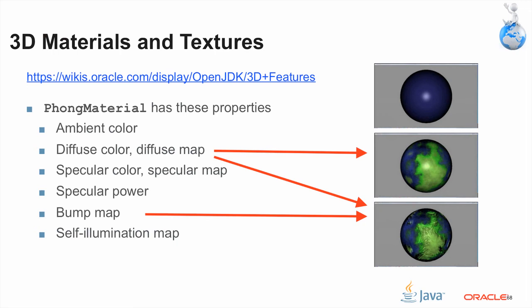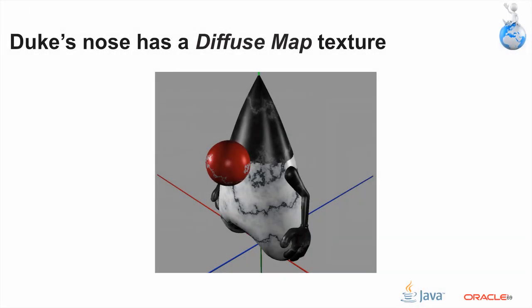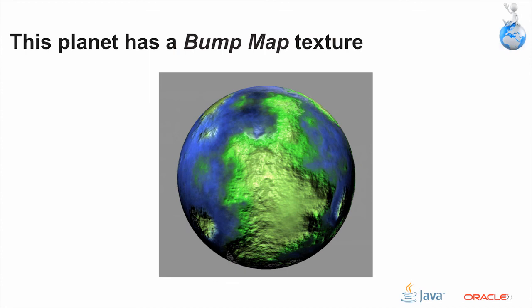It really doesn't have any bumps in the physical geometry, but it has the appearance because of the image itself. So here's an example where Duke's nose has a diffuse map texture. There are no bumps on that image.